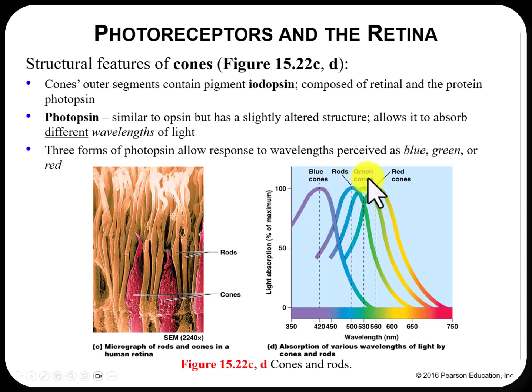So you have blue cones, green cones, and red cones. Those three forms of the photopsin allow responses to different wavelengths. And so all the vast array of colors that we see are interpreted by striking the red, green, and blue cones and putting that together into all the different hues of color that we see.